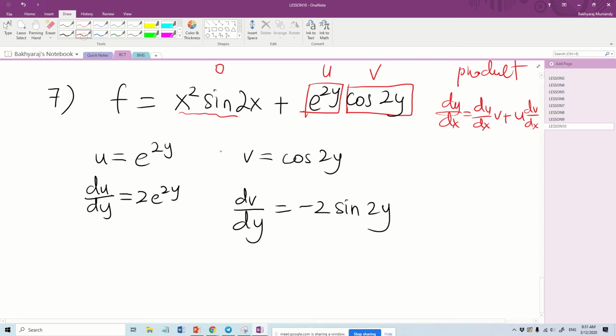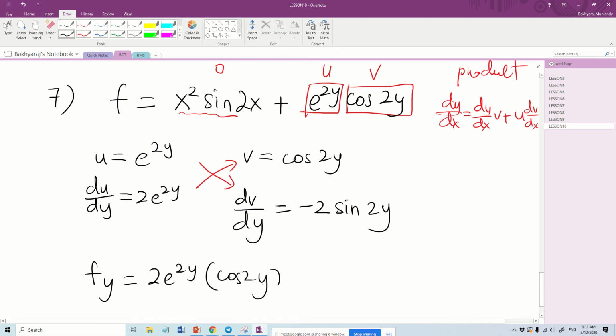Then cross multiply this time. So you get Fy equals 2 exponent 2y times cos 2y, plus, minus, 2 exponent 2y sine 2y.